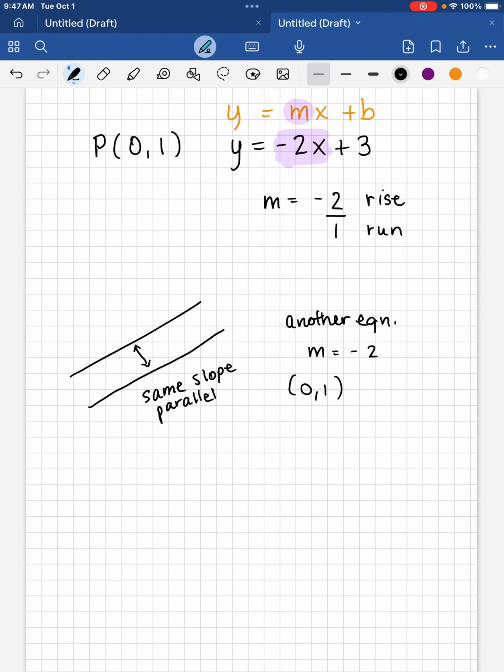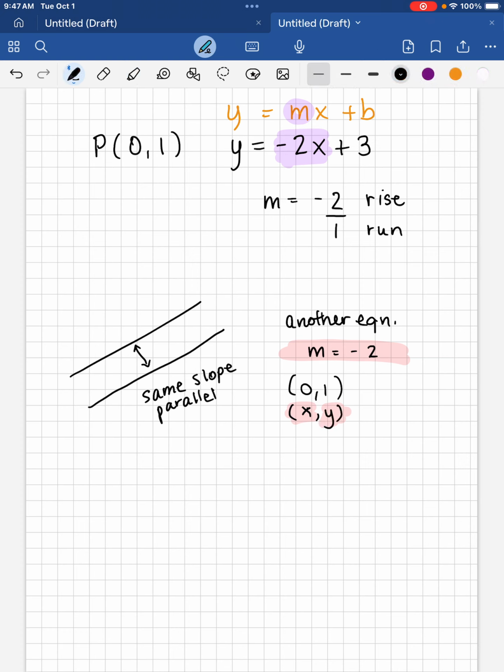That's our task. Now (0, 1) is just a point, so I'm going to give it coordinates x, y. So right now I'm given my m, and I'm given my x and my y of this new equation.